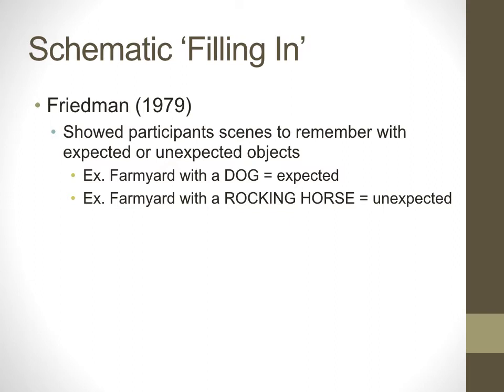So in one study in 1979, Friedman showed participants pictures of scenes like a kitchen or a barnyard. In addition, these pictures contained something unexpected. So as far as the kitchen was concerned, there was something rarely found in a kitchen, like a fireplace or a toilet or something like that. Participants were later given a recognition test in which they had to discriminate between pictures they'd actually seen and altered versions of these pictures in which something had been changed.